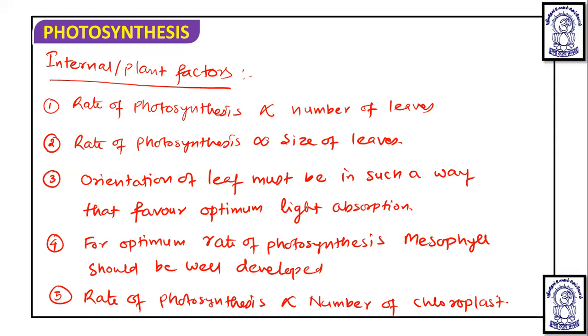Then the sixth factor is the amount of chlorophyll. The rate of photosynthesis is directly proportional to the chlorophyll amount of the plant or leaf.